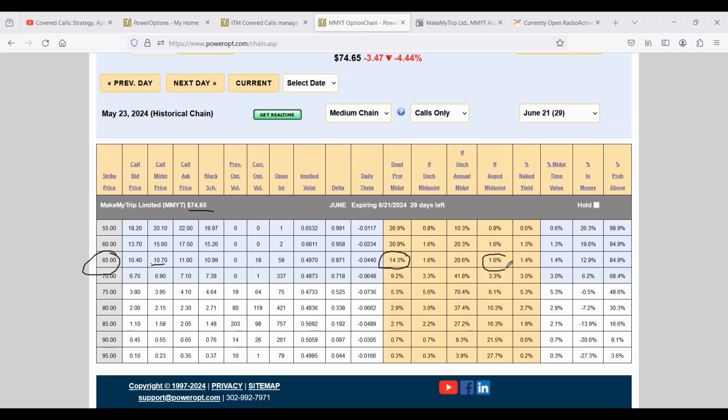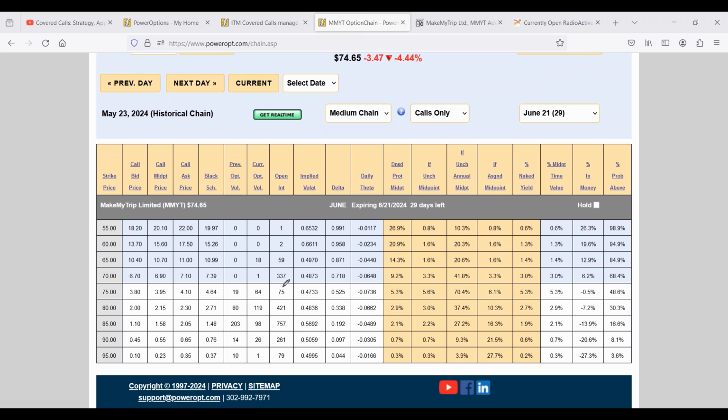My max return, if the stock stays above that 65, is only 1.6%, but I have roughly an 85% probability that in roughly 30 days, I would have made that 1.6%. It's all trade-off. Higher probability with an in-the-money covered call, lower return, but better downside protection.